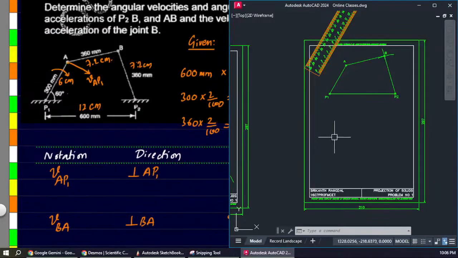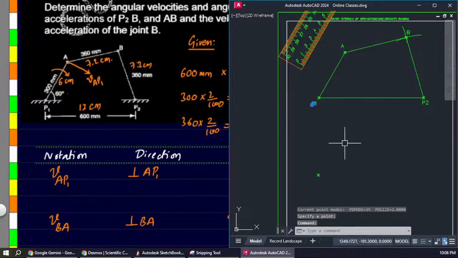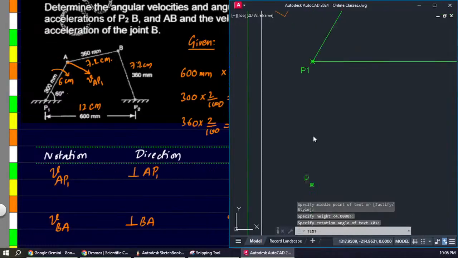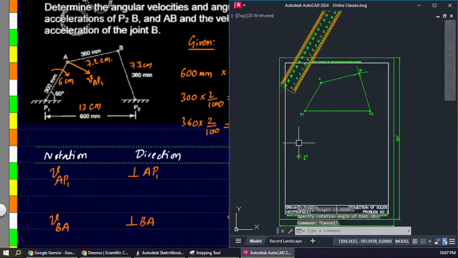So somewhere here we can take it. Let's take the point here. We will call it small p1, and small p2. Both these points are going to be overlapping.